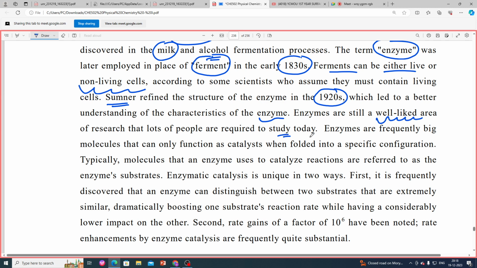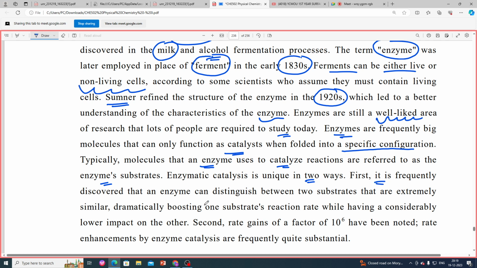Enzyme is a big area. Enzymes are frequently big molecules that can only function as a catalyst when folded into a specific conformation. Typically, the molecules that an enzyme catalyzes in a reaction are referred to as the enzyme substrate. Okay, तो इसे हम लोग क्या कहेंगे, enzyme substrate. Enzymatic catalysis is unique in two ways.